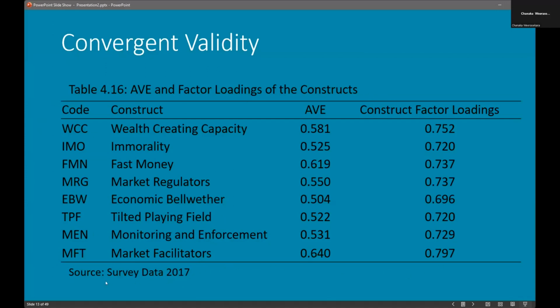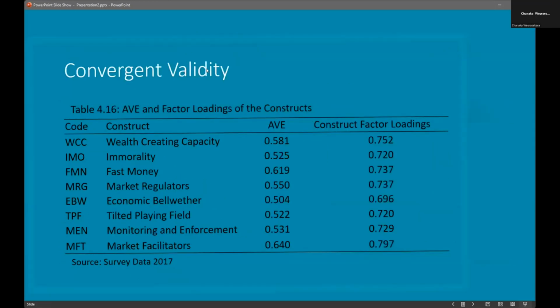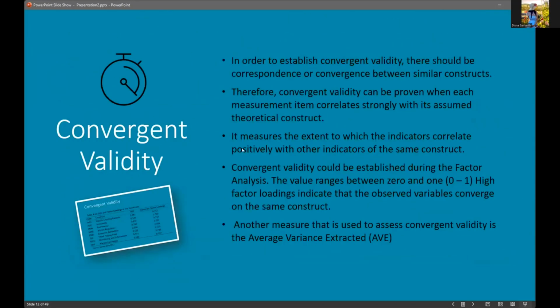People who have conducted, or who are planning to conduct, a factor analysis and go on to inferential analysis next can use this. Otherwise, don't worry about this. All right. So this is one of the methods that you can use to ensure your convergent validity. All right. So that's one thing.